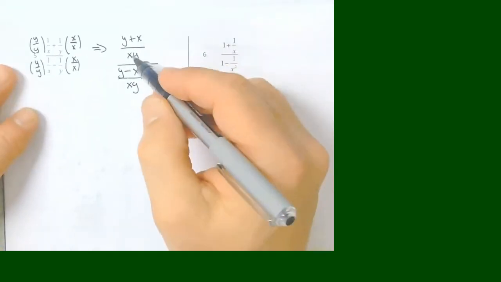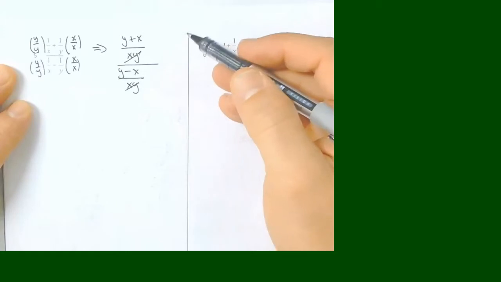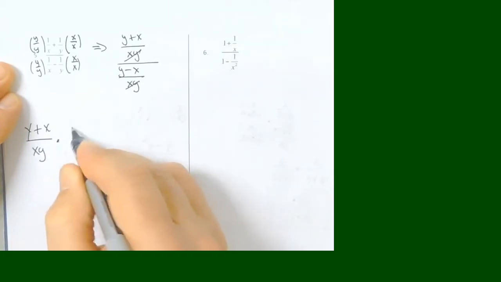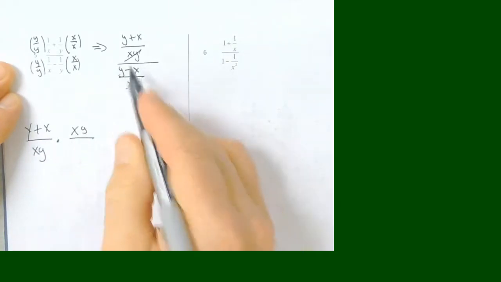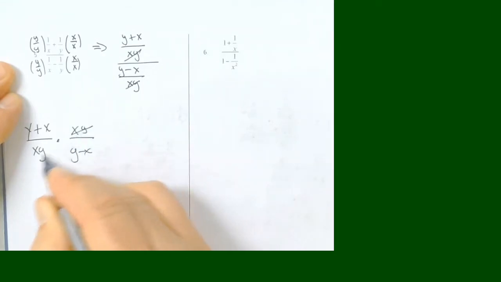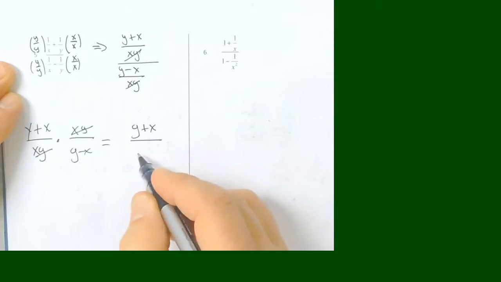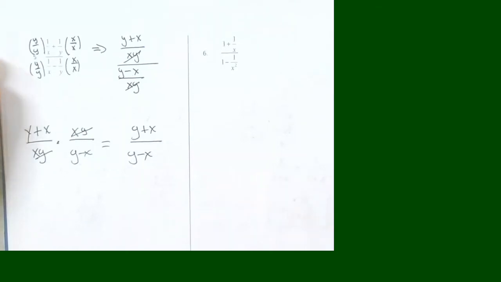Now we might realize that we can cancel those denominators out if we have the same denominators and just get y plus x over y minus x. But if we just go through the same process and multiply by the reciprocal of our denominator, we'll see they cancel out anyway, giving us y plus x over y minus x.